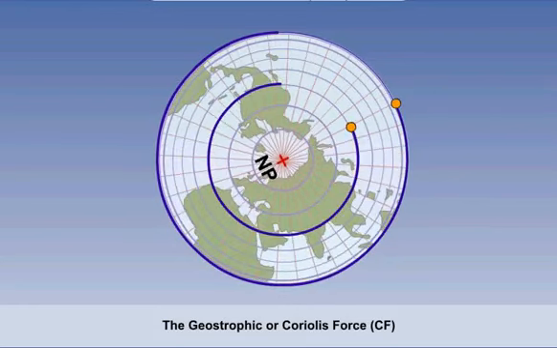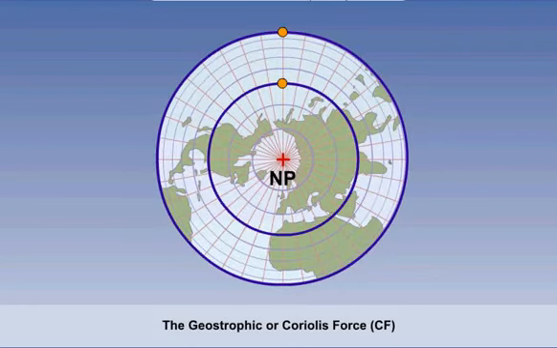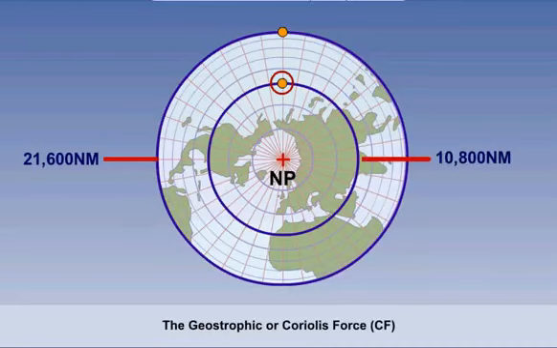But if we compare the distance that these two have travelled, then we see a significant difference. The distance that the point on the equator travelled was 21,600 nautical miles, whereas the point at 60 degrees north only travelled half that distance. Yet they completed this in the same time. This has an important effect. It means that the point on the equator is travelling faster in space than the point at 60 degrees north.